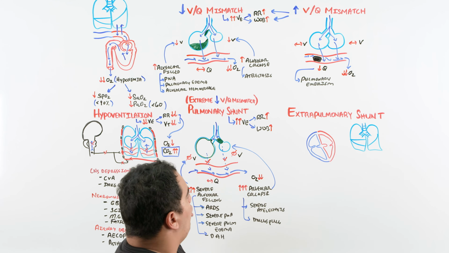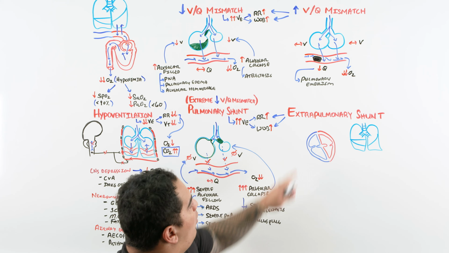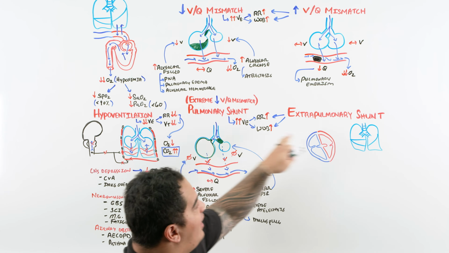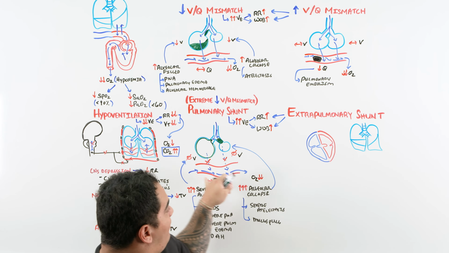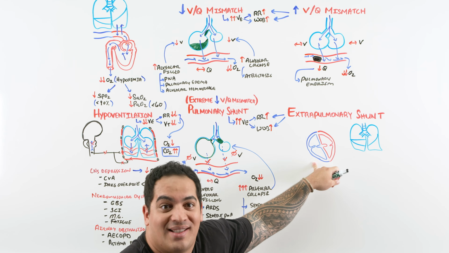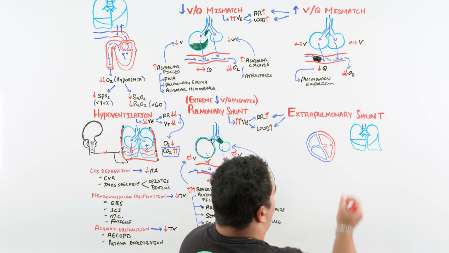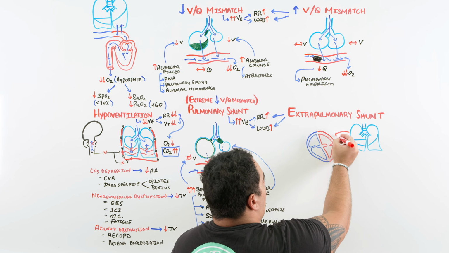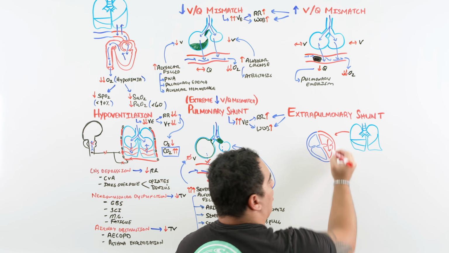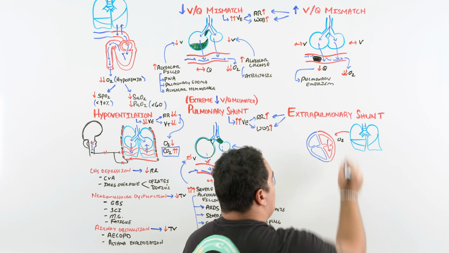Same thing for the extrapulmonary shunts. These patients, same thing. They'll probably increase their minute ventilation. But what's different between a pulmonary and an extrapulmonary shunt? The blood flow isn't just bypassing in the pulmonary arteries, it's bypassing outside the pulmonary arteries. So the best example of this is that oxygenated blood will move to the left heart, right? From the lungs. So this should be rich in oxygen, this whole thing here.